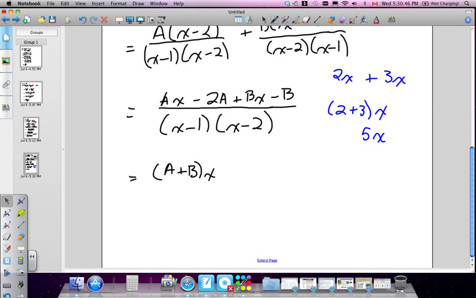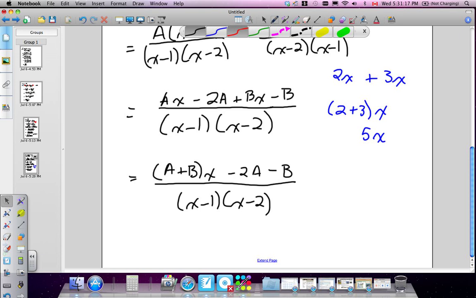Okay? So since we've done that, I'm now also left with negative 2a minus b, all over x minus 1, x minus 2. Now what's really important here is that she's now related it to the original. I'll rewrite the original. The original was 2x plus 3 over x minus 1, x minus 2.